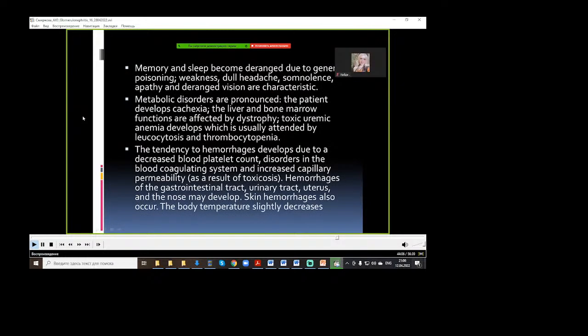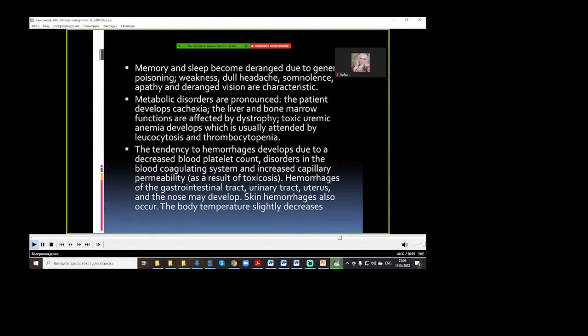Memory and sleep become deranged due to general poisoning. Weakness, dull headache, somnolence, apathy, and deranged vision are characteristic. Metabolic disorders are pronounced. The patient develops cachexia. The liver and bone marrow functions are affected by dystrophy.